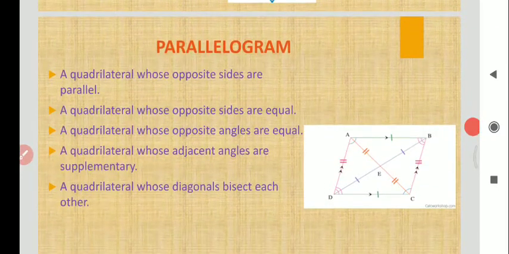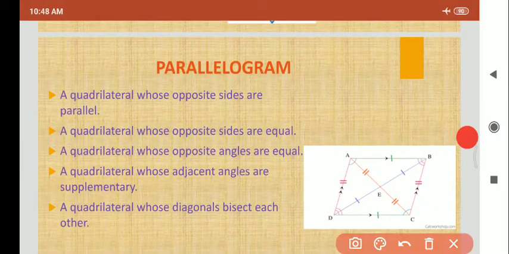What is a parallelogram? It is very important in this chapter. If you want to solve all the questions of this chapter, you should know what a parallelogram is. A parallelogram is an important type of quadrilateral.